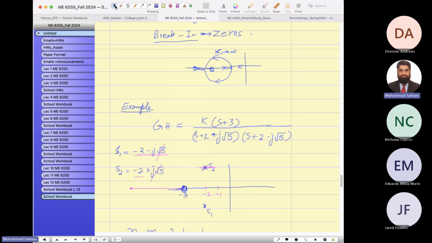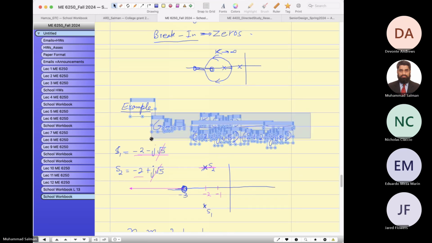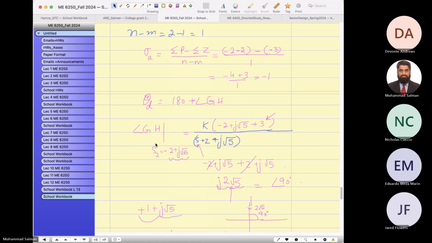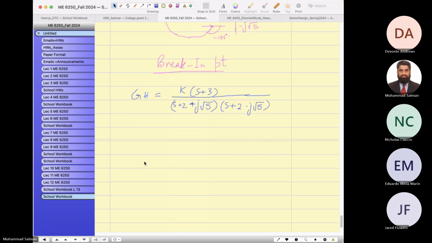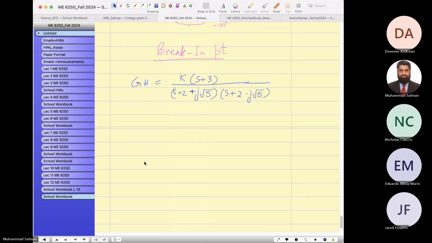GH equals K. What happens actually is the equation is 1 plus GH equal to 0, and GH is in this form.